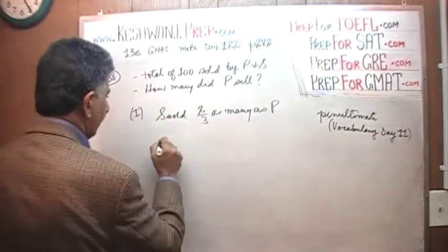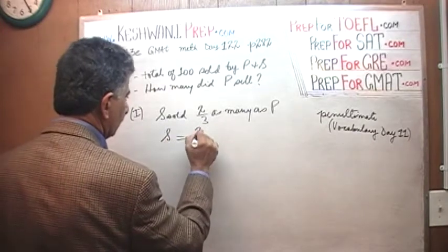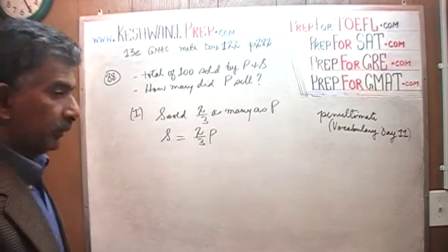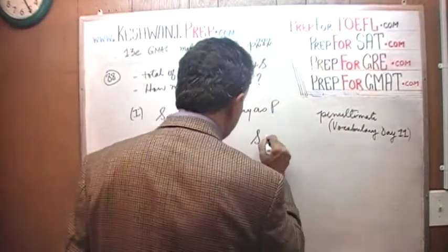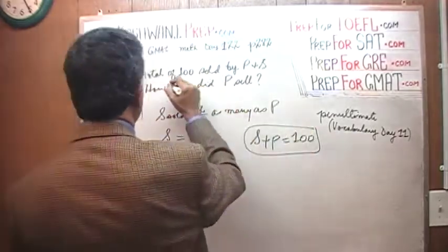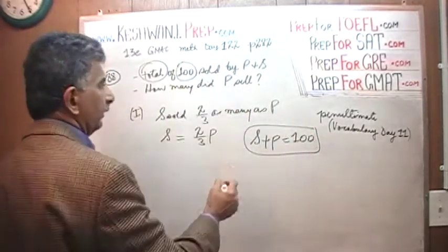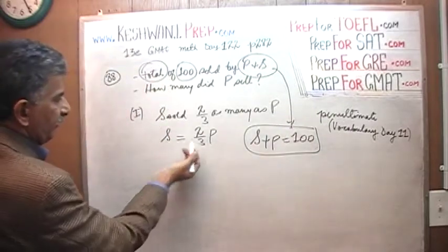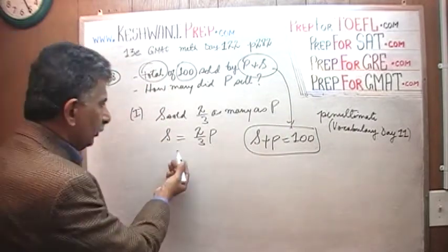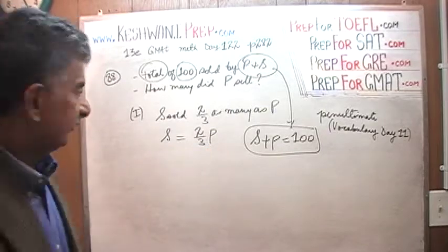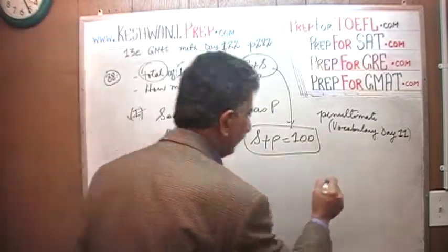So S equals 2/3 of P. But we also know that S plus P equals 100. They tell you this right here. Total is 100, which is S plus P. And S we know is this much. So obviously we have two independent equations, so we can solve for these two variables. So the first statement by itself is enough.